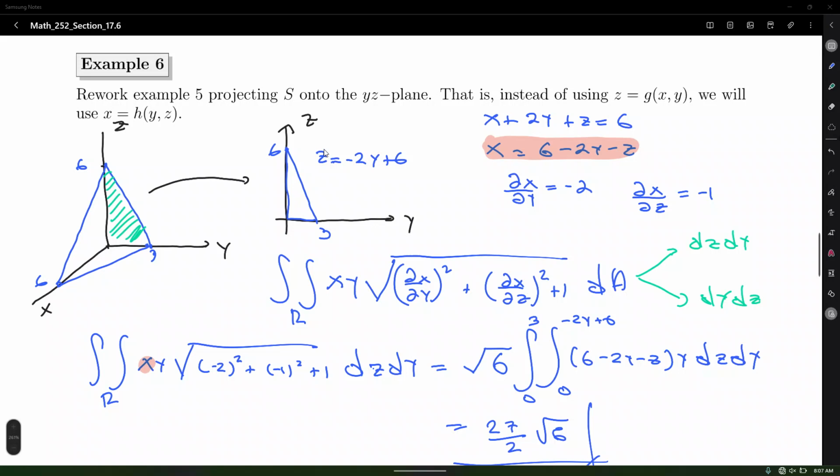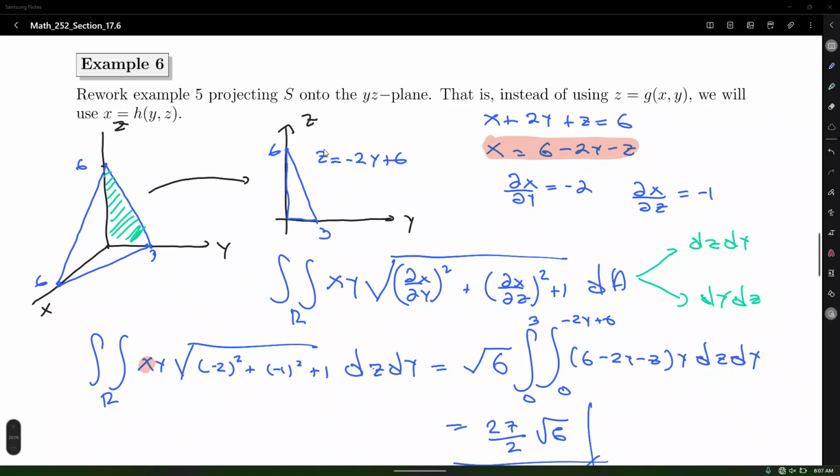In this case, since we were projecting onto the yz plane, that means our differential dA for the surface integral is going to be dz dy. That means the x variable needs to be taken away. How? You know the drill here, by using the original function.